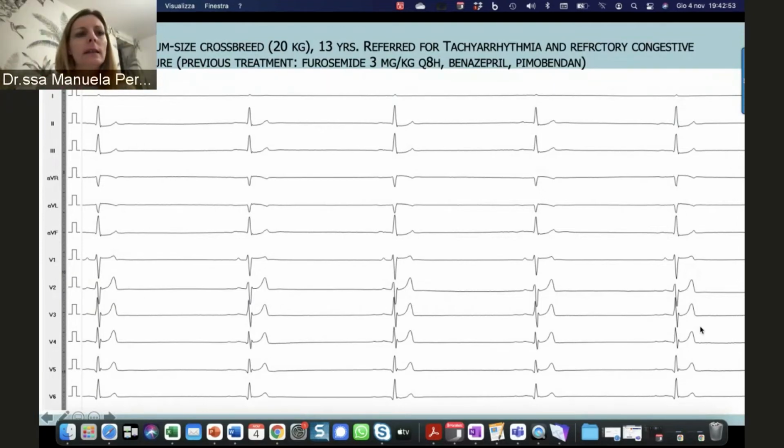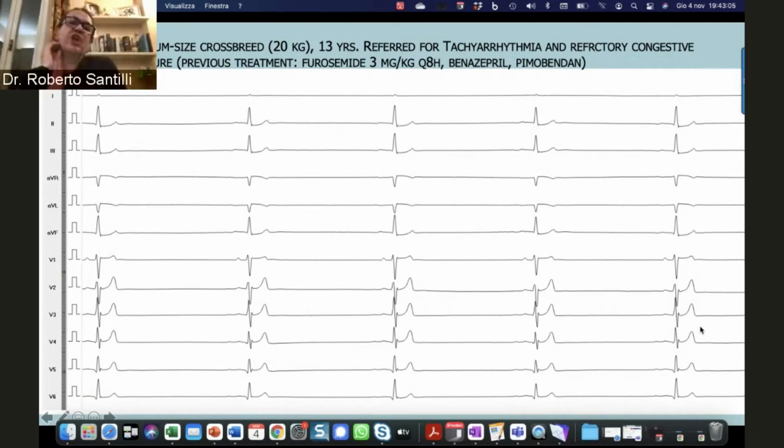Okay, again about case 1. Was diltiazem stopped forever, or was diltiazem restarted after atrial fibrillation reappeared? We checked later on. Obviously, this dog has advanced heart failure, and I think a few months later he died.